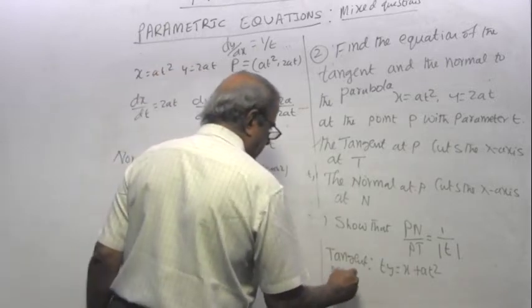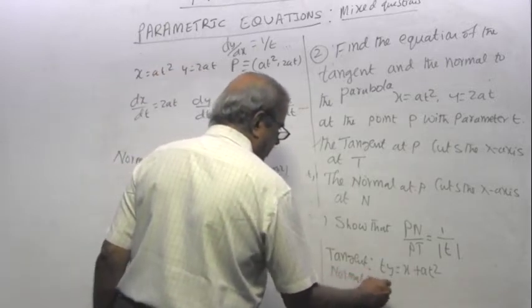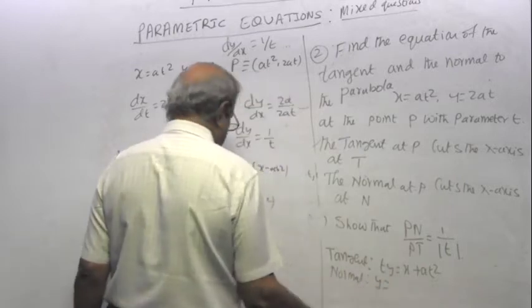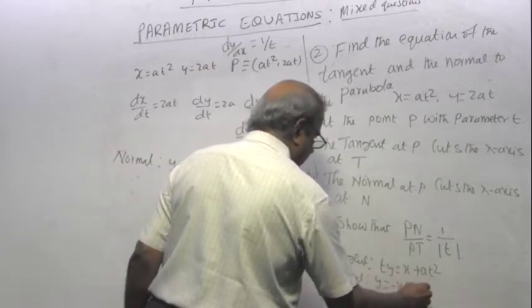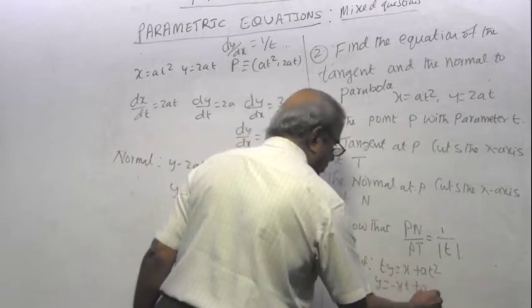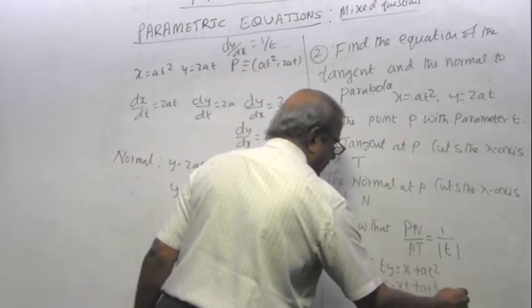Let me write that as well. So normal is y is equal to minus xt plus at cubed plus 2at.